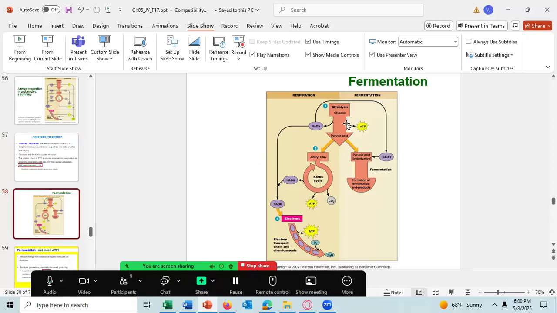In fermentation, you only generate 2 ATP during glycolysis, a net gain of 2 ATP per molecule of glucose. The fermentation steps will convert pyruvic acid to the end product of fermentation. And there are different end products depending on which fermentation reaction we're talking about.